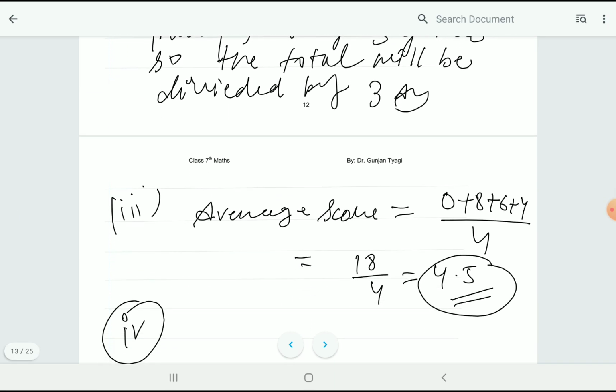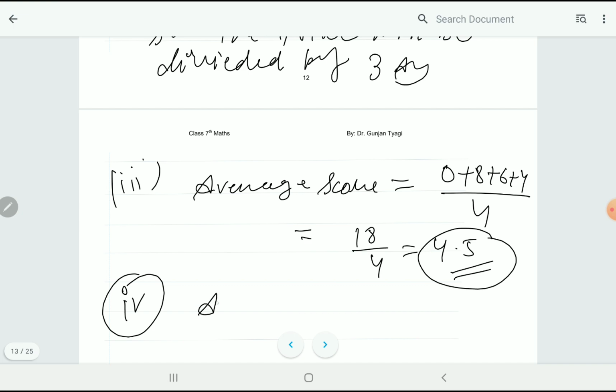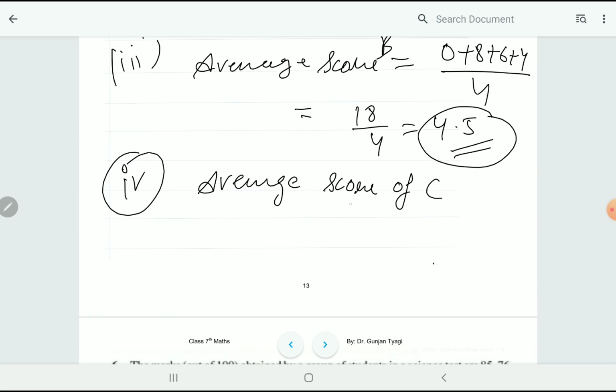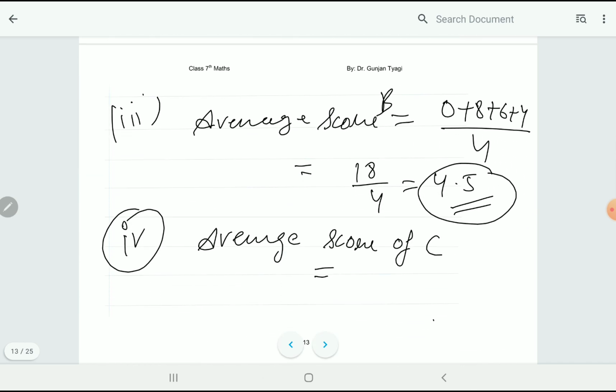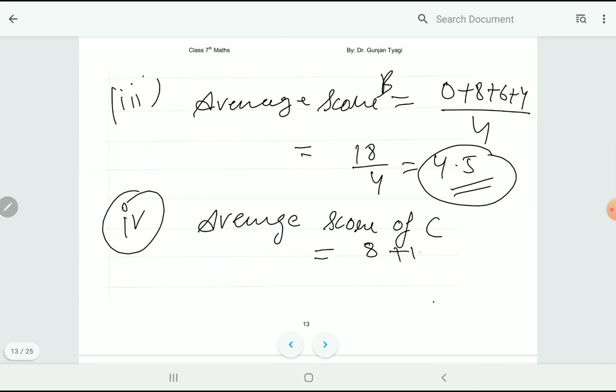For that, we will have to find the average score of C. He played 3 games: 8, 11 and 13. We will divide the sum of 8 plus 11 plus 13 by 3. We have to find the average of all 3, and on the basis of the result we can say who played best. So it is 32 by 3, which is equal to 10.67.